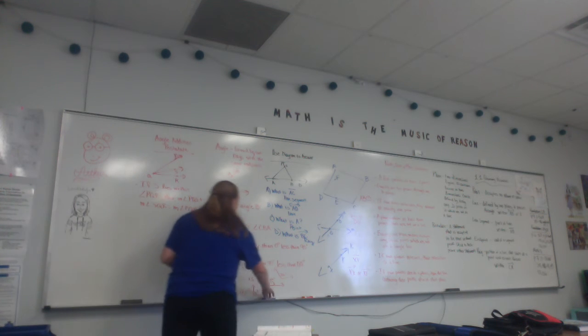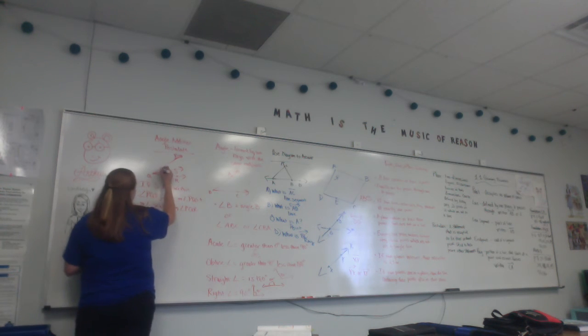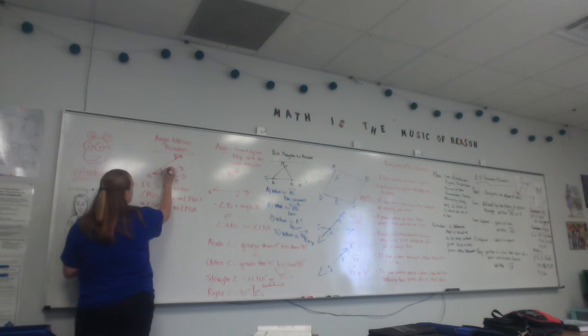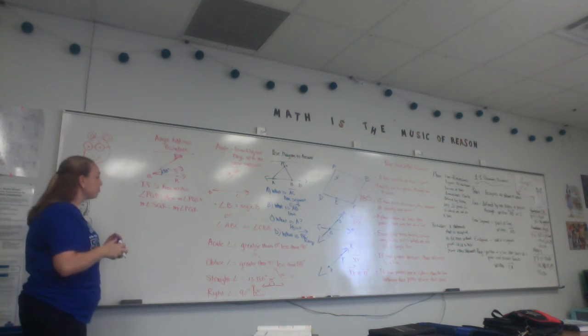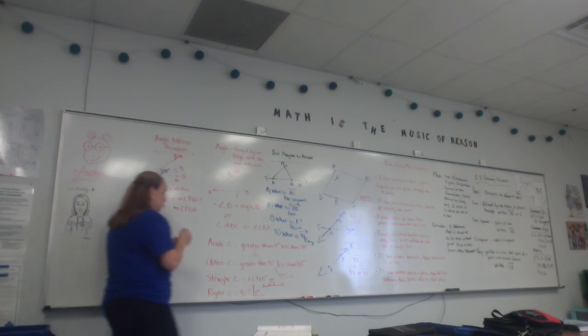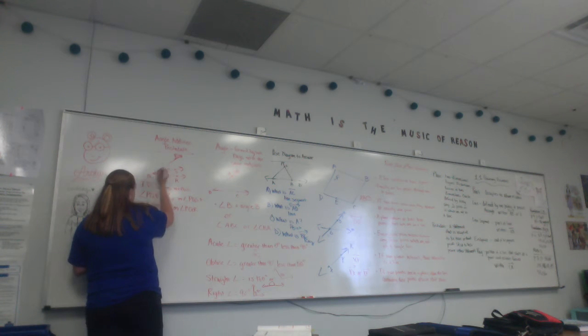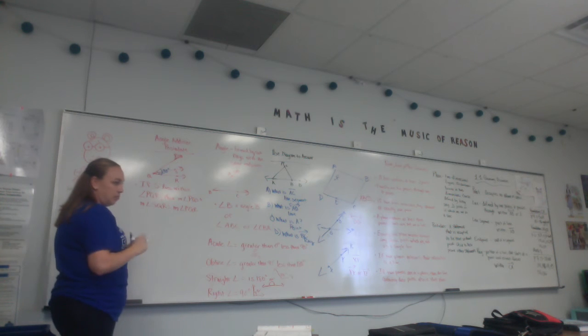So if this whole angle here, okay, let's say this whole thing, that represents the whole angle, is measured at, I don't know, 38 degrees, okay? Then that means that the measure of this small angle here plus the measure of this angle here has to equal that 38 degrees, okay?